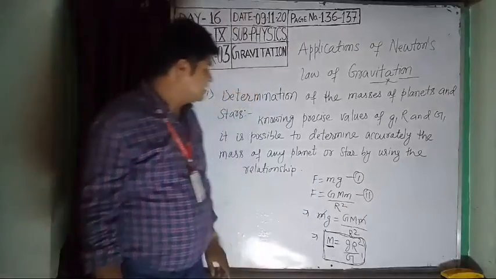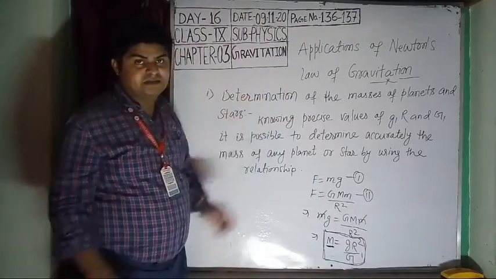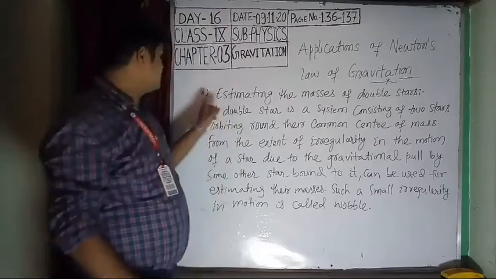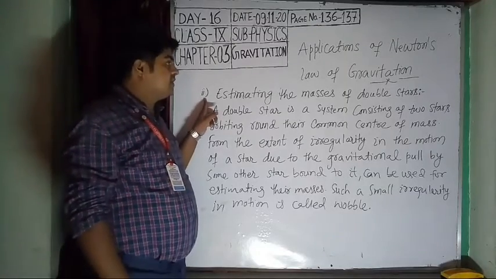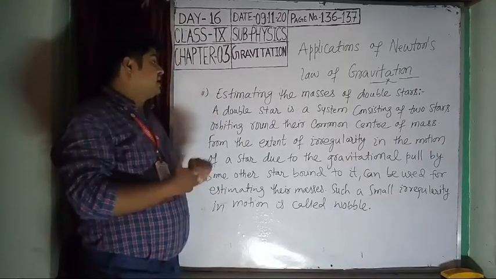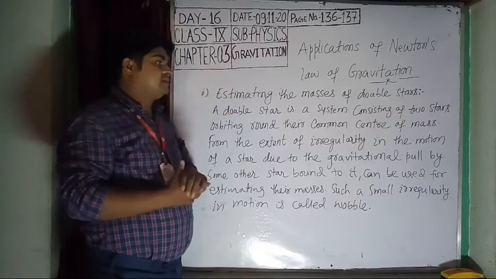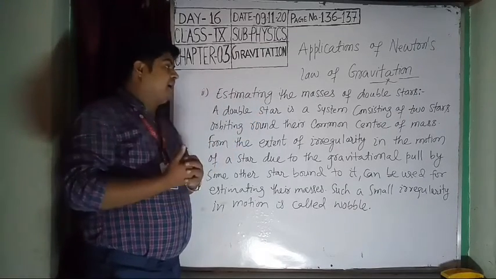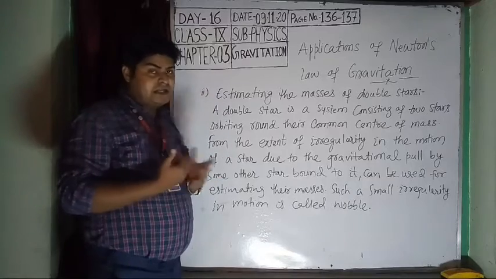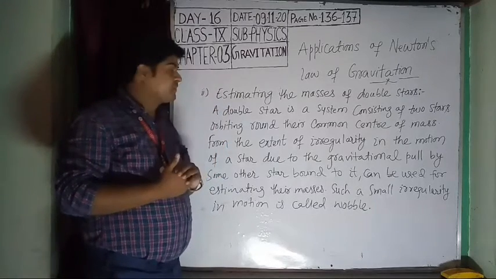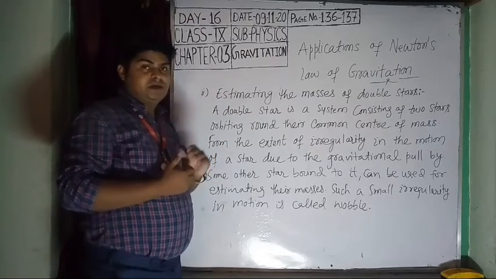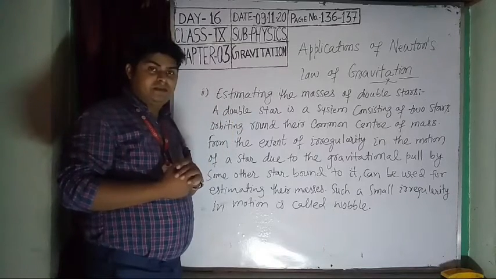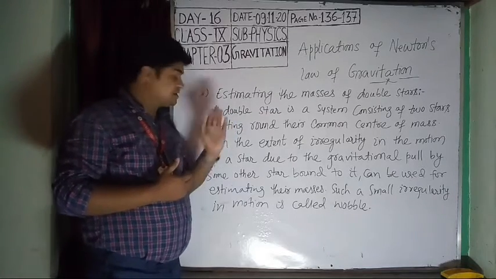Now students, let us see the second application. The second application of Newton's law of gravitation is estimating the masses of double stars. How to find the mass of other planets I told you in application 1. In application 2, we estimate the masses of double stars. What is a double star?